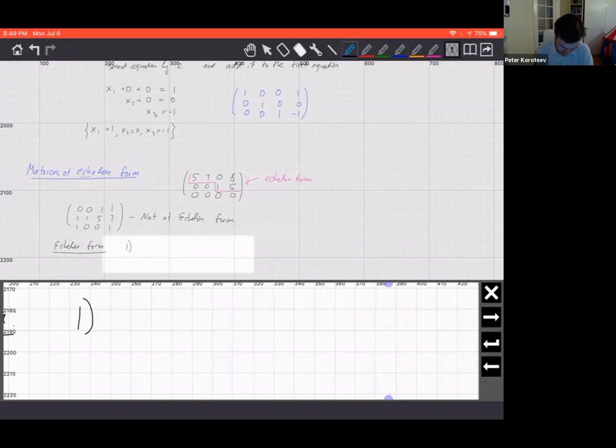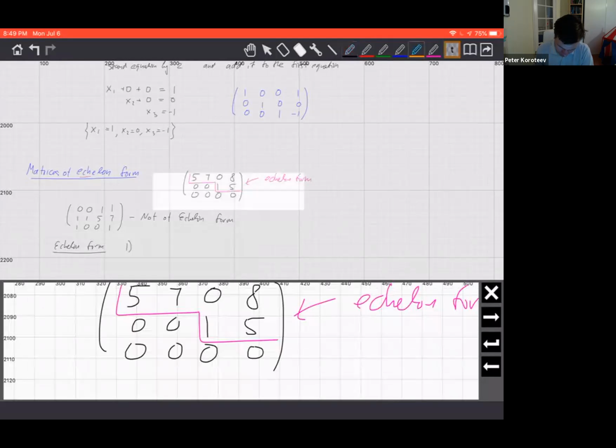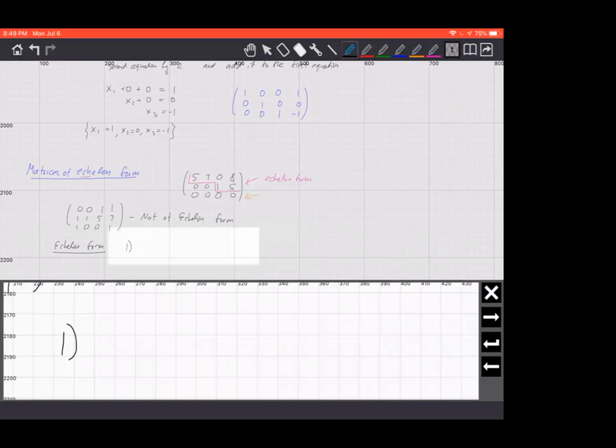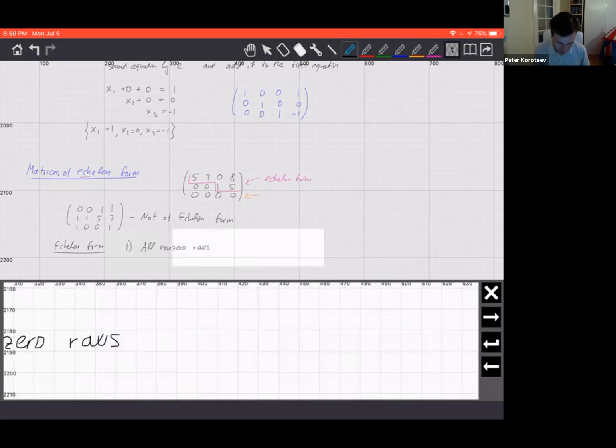Like in this example here, here's a row with all zeros, and it must be below all rows where there is at least one non-zero. When I say non-zero row, it implies that at least one element in that row is non-zero. So these are above any rows with all zeros.